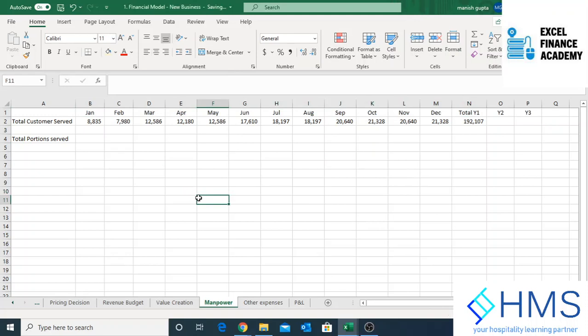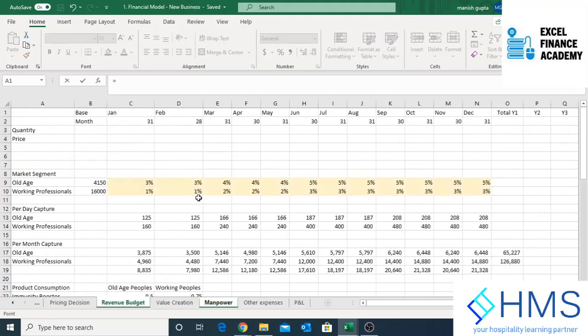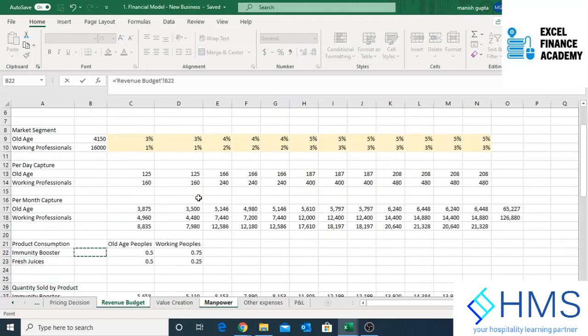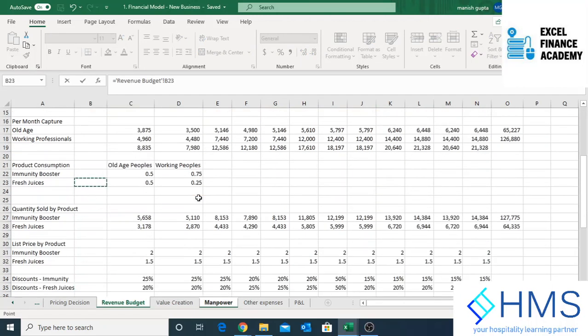So you always have to continue to check that the amount that you are calculating is reasonable or not. Now total portion sold, total portion served is going to be here. This information you will need for almost every particular expense. We don't have the total, but let's say we can do the total quantity.